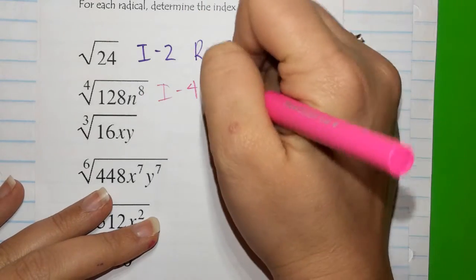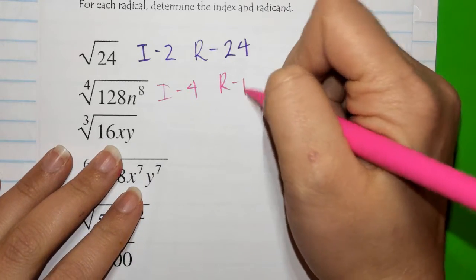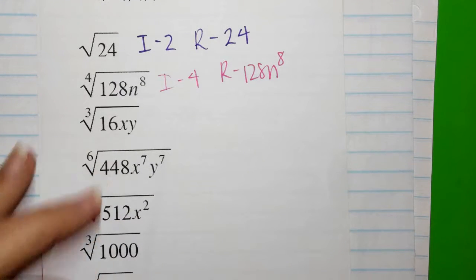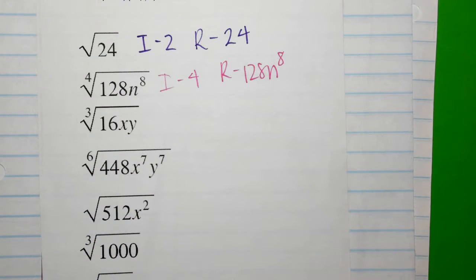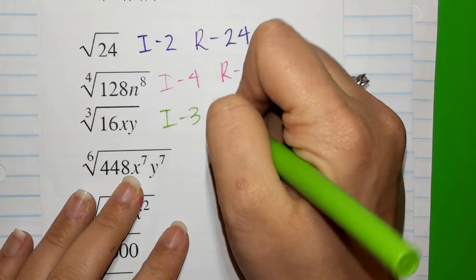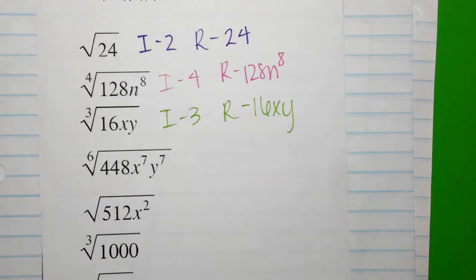Okay, and what is the radicand? Take a point. All right, Gryffindor, can you tell me the index of the next one? And then can you tell me the radicand? Take a point.